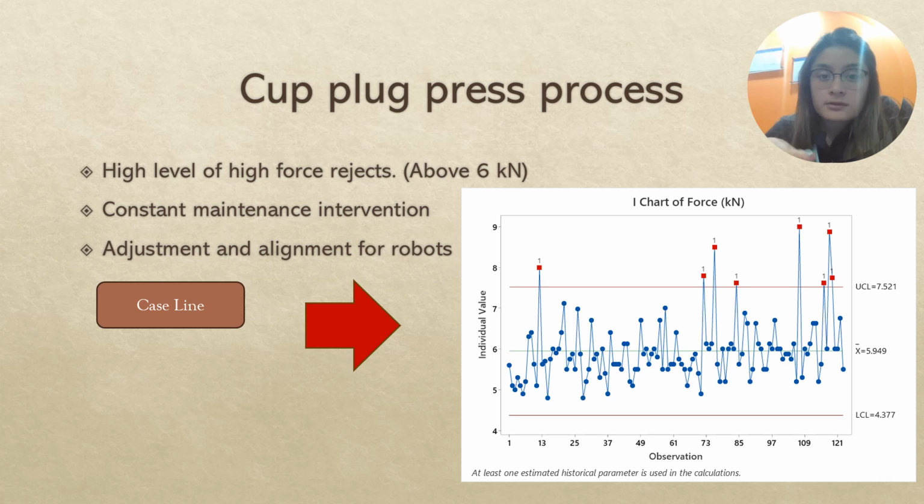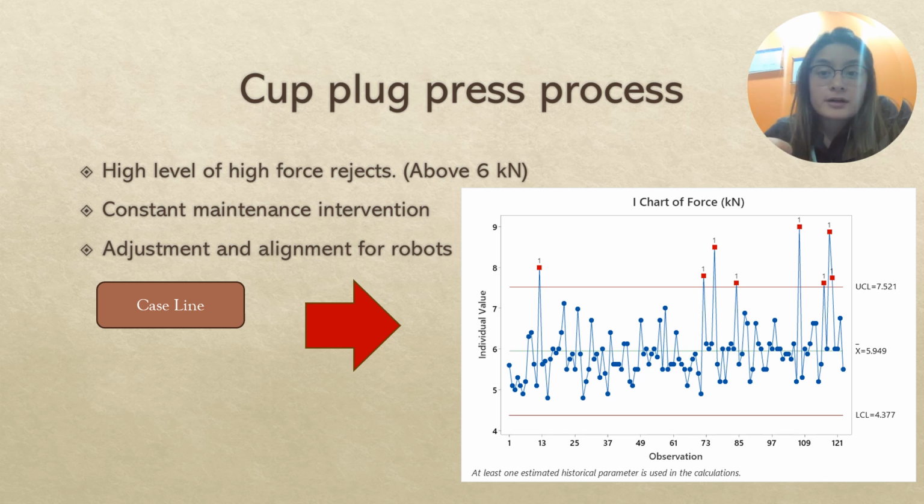We can see on the individual chart of the force that there are different points out of specification, out of control, which is why we need to take a deeper look at this data.